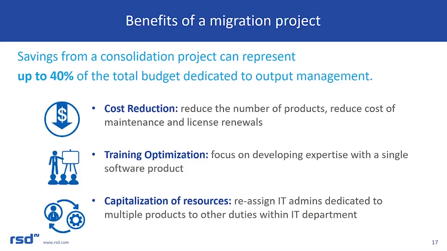And last but not least, the capitalization of resources. Those people that were supporting those multiple other output management environments that you have now can be reassigned to other areas in the organization. You don't have a number of people supporting a number of applications. So again, the focus here is the benefit. We know that there's a possibility of saving over 40% of the total budget dedicated to all of your output management solutions. Next, please.